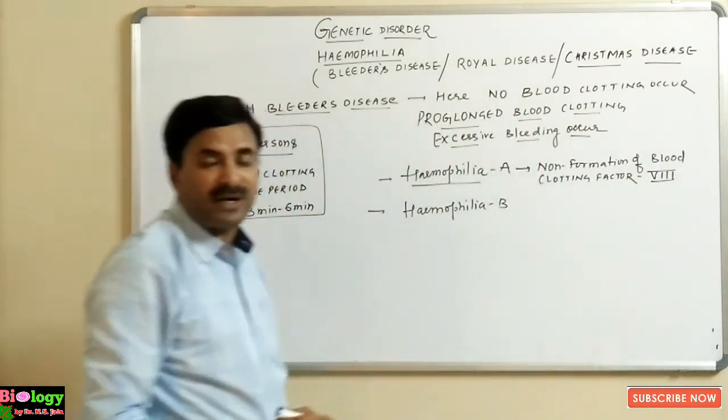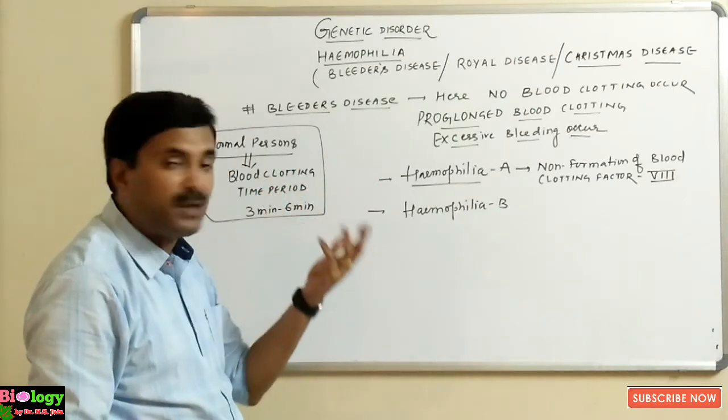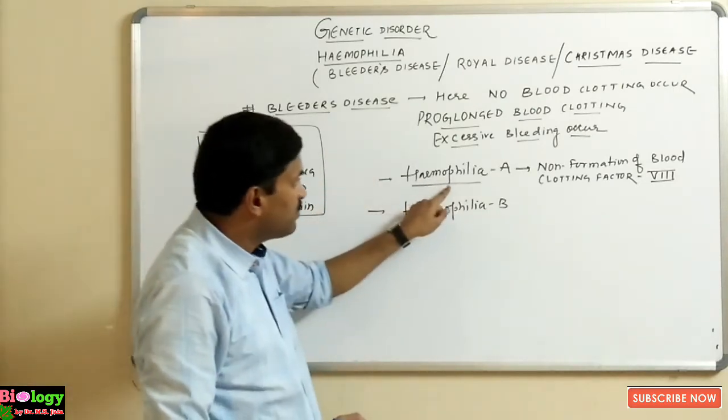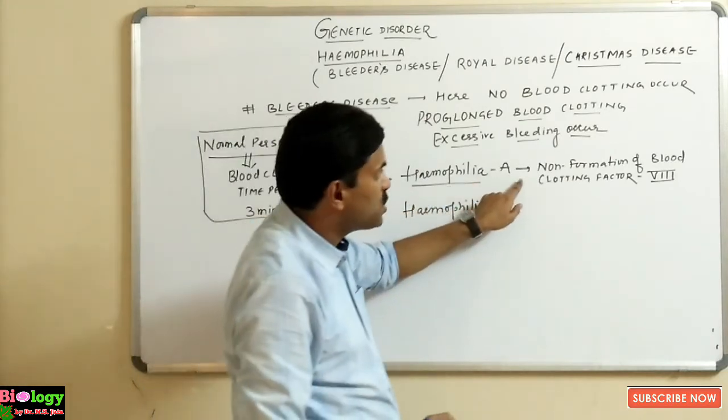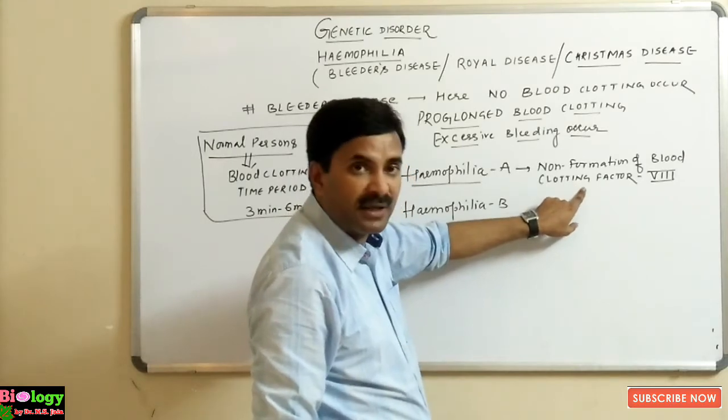There are many blood clotting factors, but out of those, a few are very important for blood clotting. So hemophilia A is caused due to non-formation of blood clotting factor 8.